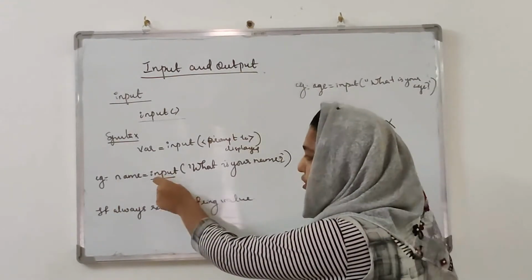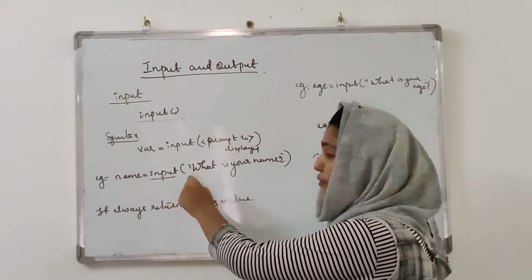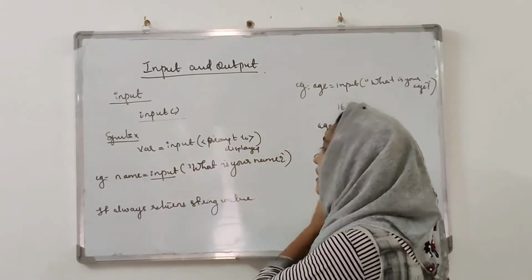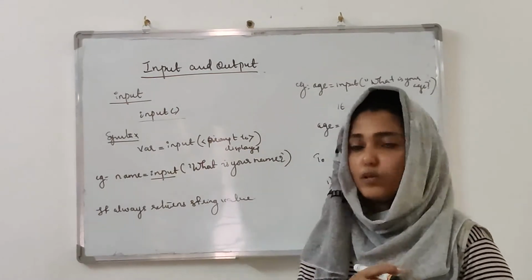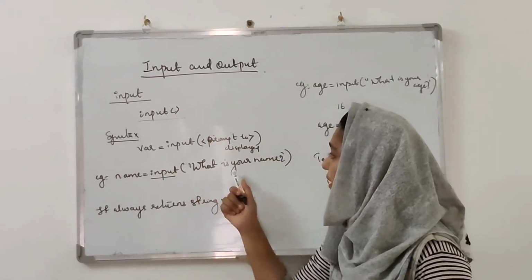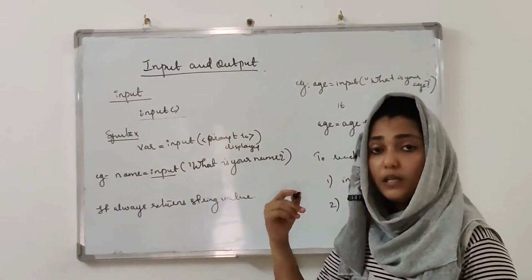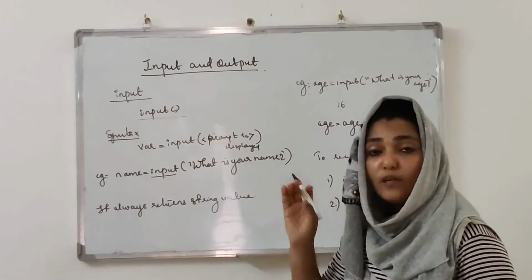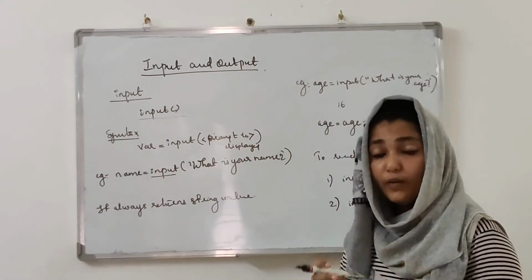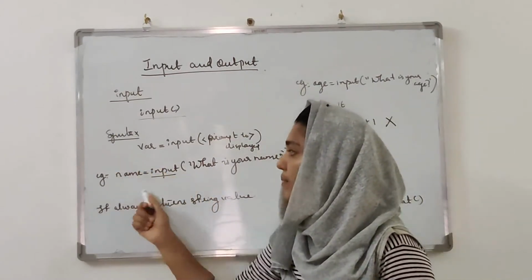Then after the equals sign comes input, that is our function. Inside the brackets we can write what is to be displayed to the user. So here I am writing "What is your name". At this statement, "What is your name" will be displayed on the screen, and whatever value is given by the user will be stored in the variable name.